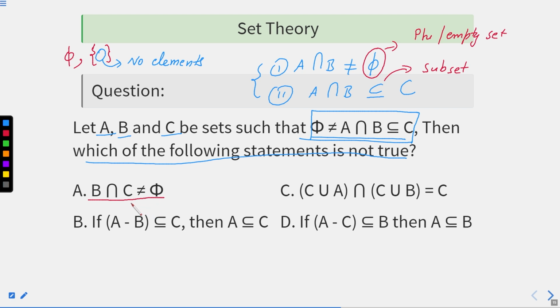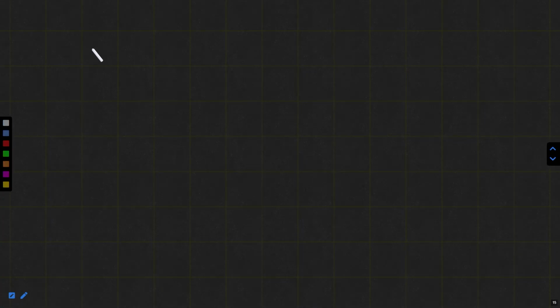That means B intersection C is not an empty set, so we have to show an element in B intersection C. Let's see.